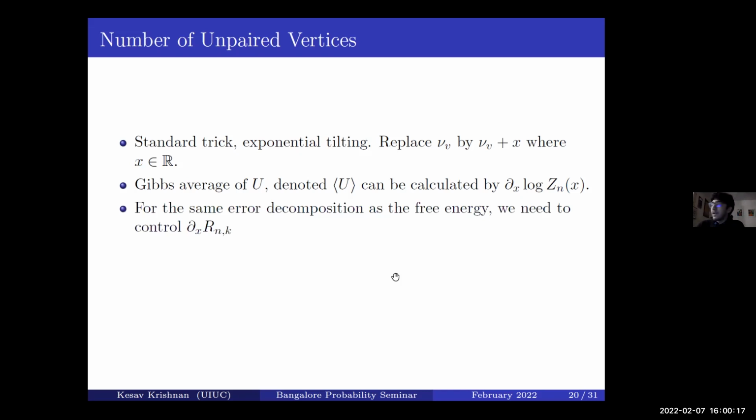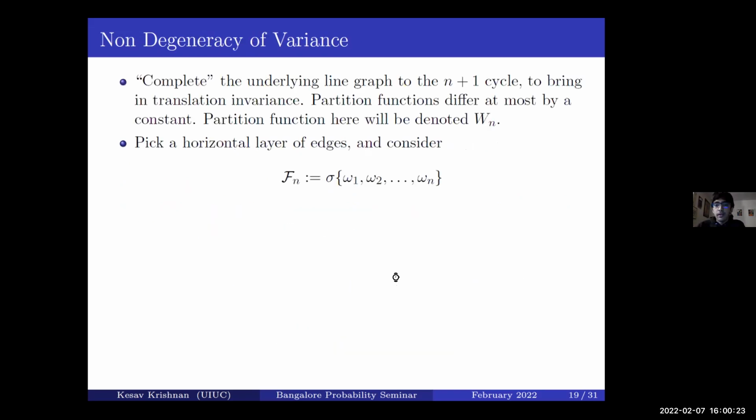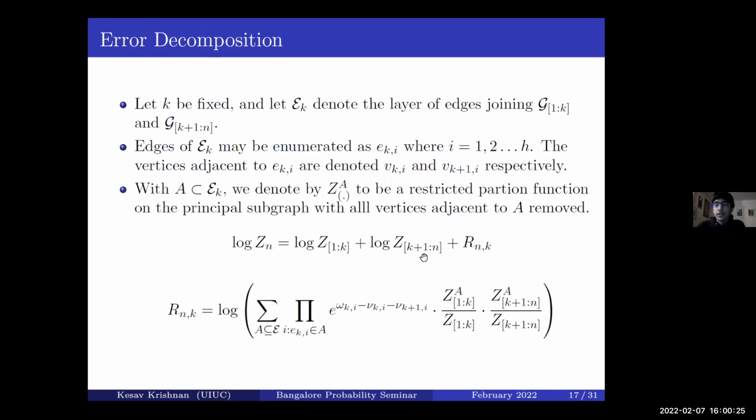So if you want to apply the same sort of error decomposition as the free energy to the number of unpaired vertices, if you go back to the error decomposition that we had, if you're taking the x derivative of each term, you then need to control the x derivative of the error term as well.